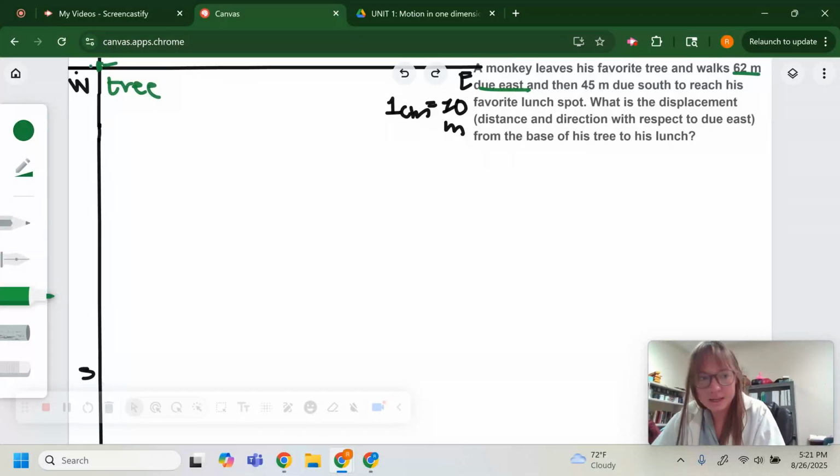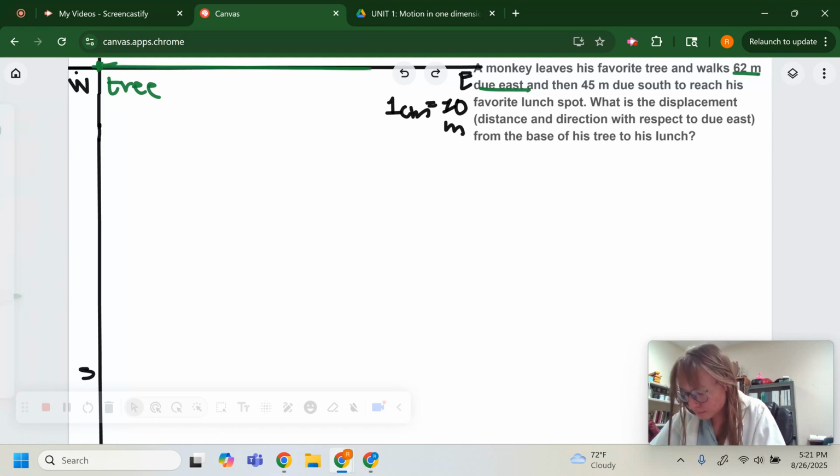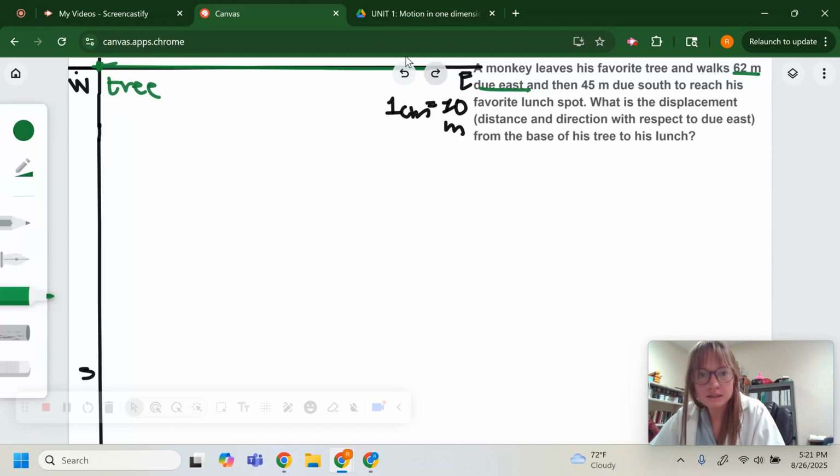Let's keep it peaceful. We start here, and we're going to go 6.2 east, like this.